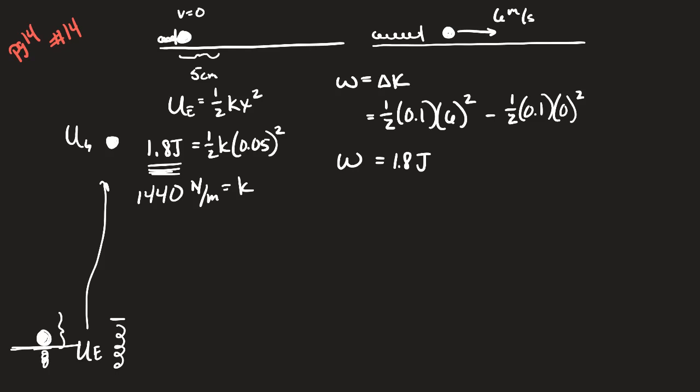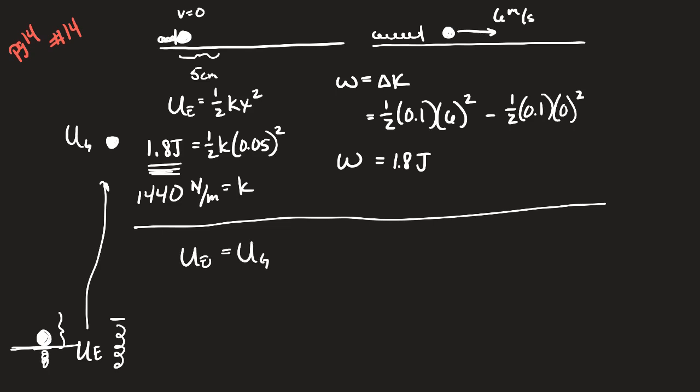So I think we'd say the elastic potential energy will equal the gravitational potential energy at the maximum height, which will be 1.8 joules equals mgh, where this is 0.1 times 10 times h. So h is 1.8 meters.